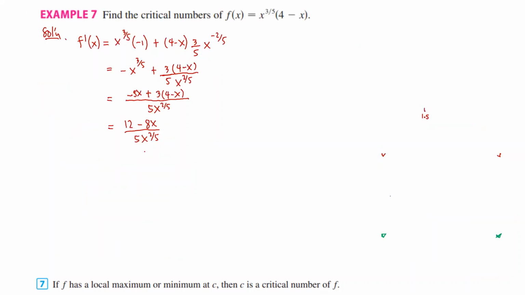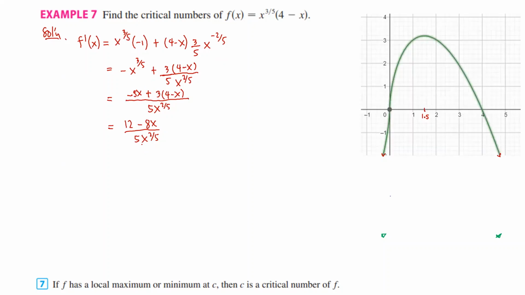Here, you can obviously find the critical number based on the idea that the derivative does not exist at x equal to 0, right? Because if x is equal to 0, then this is undefined. So therefore, the derivative does not exist at x equal to 0.